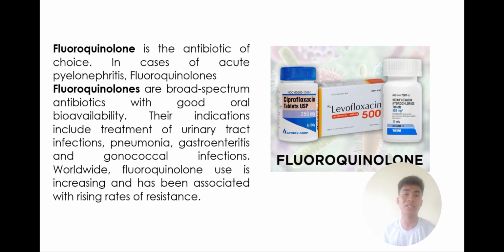Their indications include treatment of urinary tract infections, pneumonia, gastroenteritis, and gonococcal infections. Worldwide, fluoroquinolone use is increasing and has been associated with rising rates of resistance. So this is one of the antibiotic treatments we take if we have urinary tract infection.